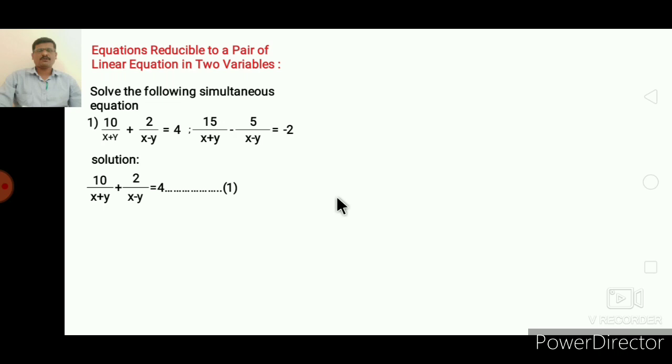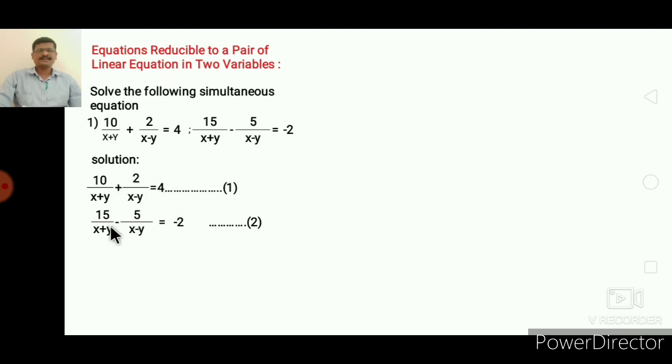Therefore, 10 upon x plus y plus 2 upon x minus y is equal to 4 is equation first. Next equation is 15 upon x plus y minus 5 upon x minus y is equal to minus 2, the equation second. Observe these two given equations.